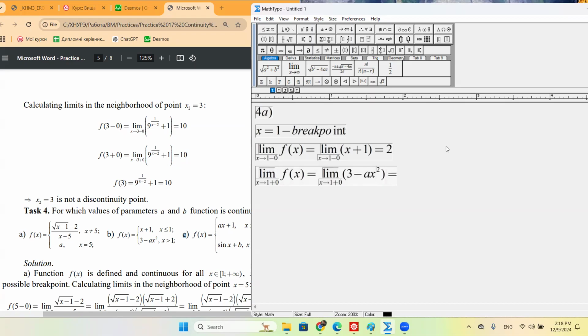And basically we receive 3 minus a. So what do we have to do next? To receive the answer, which actions do we have to perform?